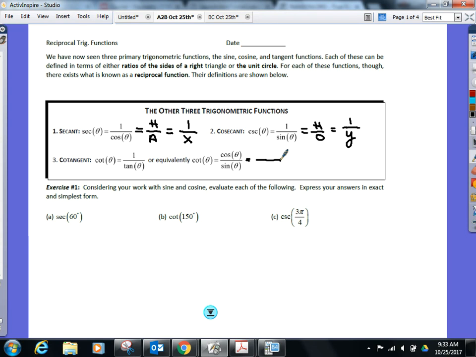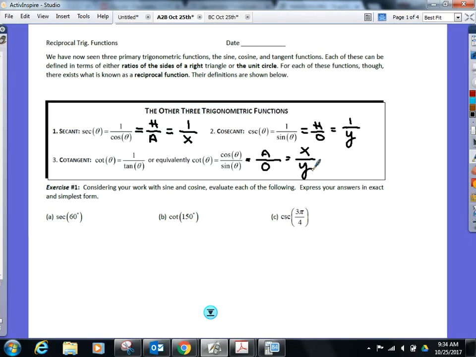Because tangent was opposite over adjacent. So now it's going to be adjacent over opposite. And on the unit circle, I'm not going to say a word. Remember what it was yesterday for tangent. For cotangent, flip it, and it's going to be x coordinate over y coordinate.